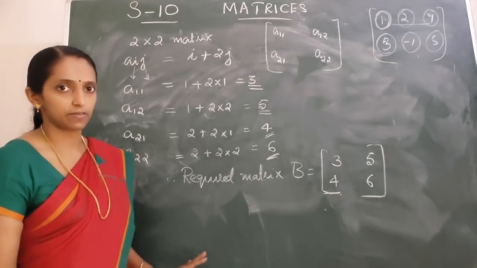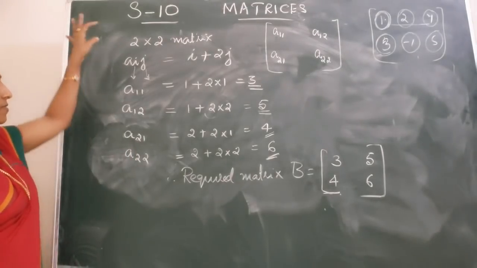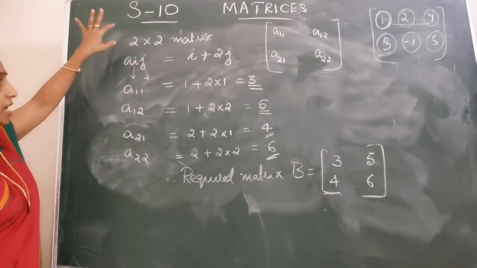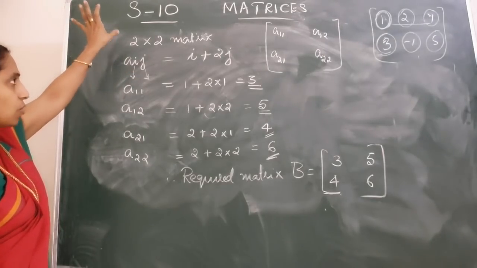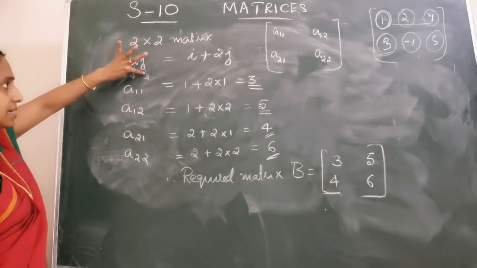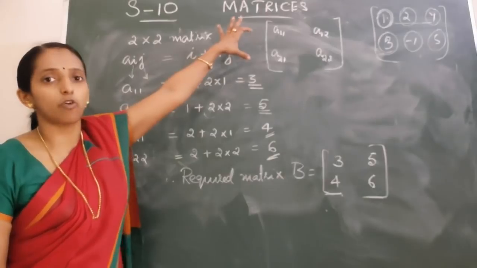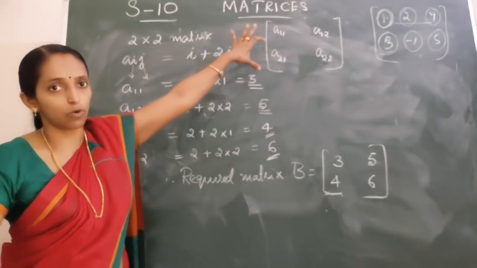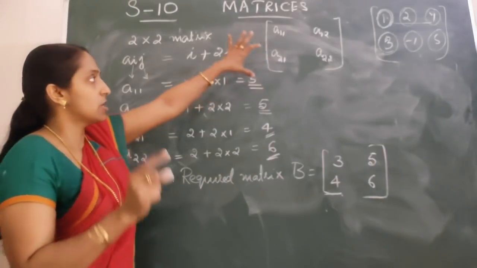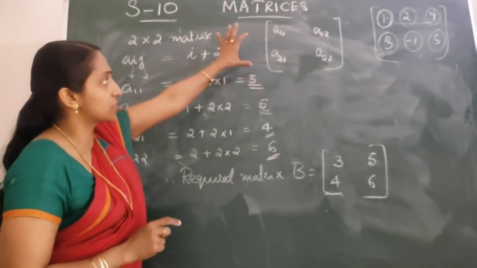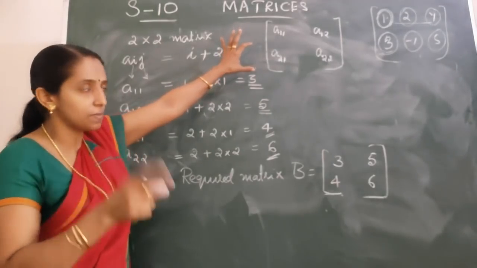Yes, for constructing the matrix, we will have the order given as well as a general format given. So according to the order as well as the general format together, you will take a general form of the matrix according to the number of rows and number of columns. You will construct a general table, general form of the matrix.